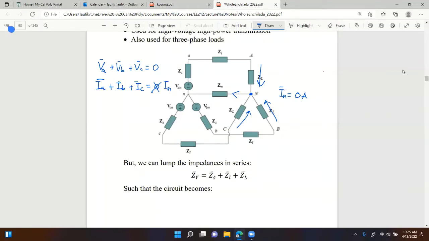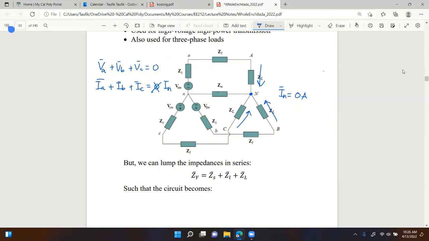Now, if it's 0 amps, by Ohm's law, whatever impedance we have here, the voltage across that impedance would be 0 volts, right? 0 times whatever ohms gives you 0 volts. So in a balanced system, since we have 0 amps on the neutral conductor, there is 0 volts across the impedance, which means I could ignore this.